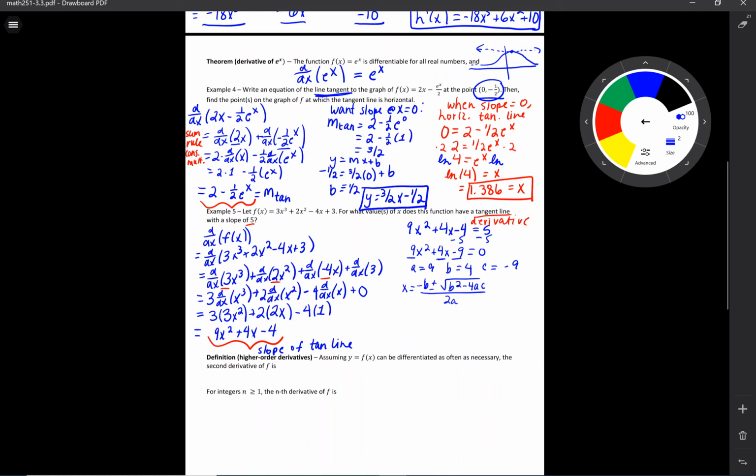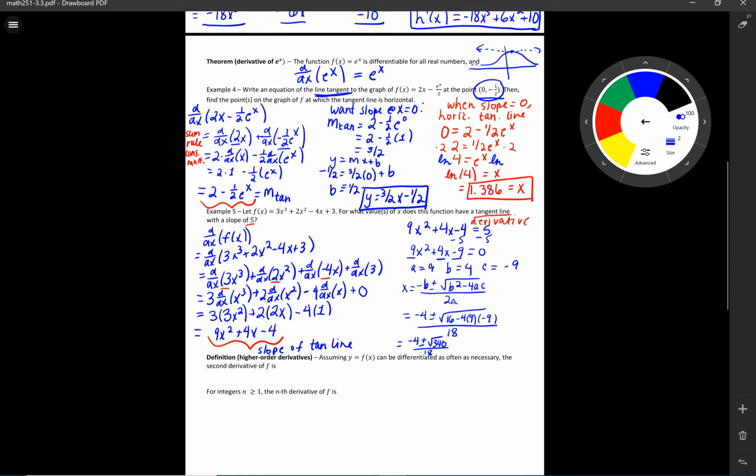So if I plug in these numbers now, I get negative 4 plus or minus the square root of 4 squared, which is 16, minus 4 times 9 times negative 9, all over 18, which simplifies to negative 4 plus or minus the square root of 340 over 18.